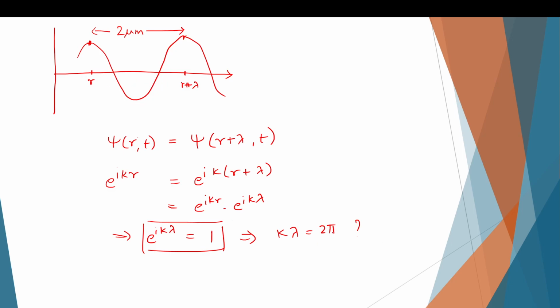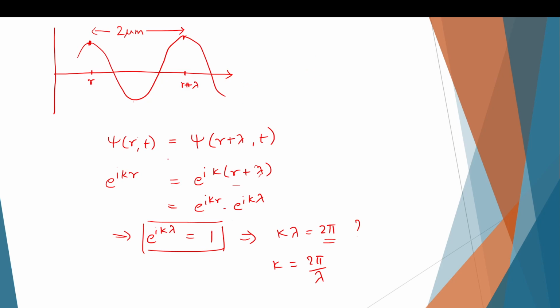So when I'm writing 2 pi, k will be nothing but 2 pi by lambda. If I would have written 4 pi here, that would have made this condition valid even for lambda by 2, but that is not valid for lambda by 2, so I am forced to write here 2 pi.